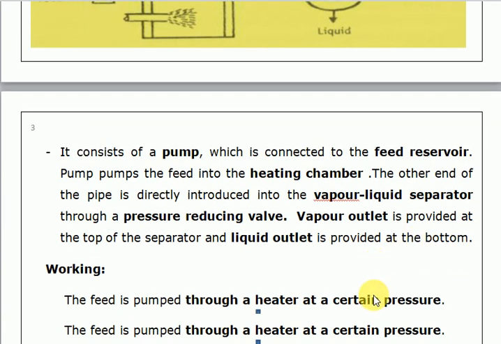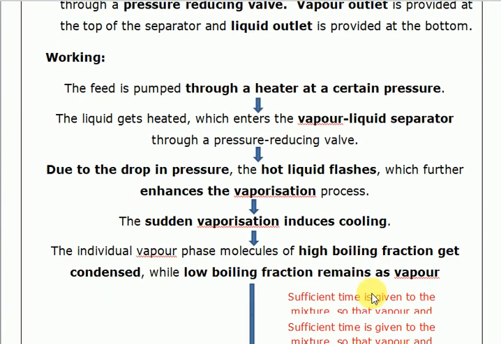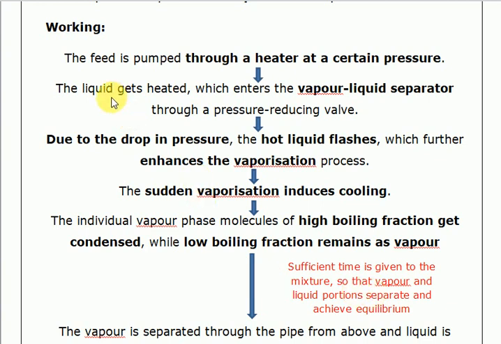Now working: the feed is pumped through a heater at a certain pressure. The liquid gets heated and enters the vapor liquid separator through a pressure reducing valve. Due to the drop in pressure, the hot liquid flashes and vaporizes, which further enhances the vaporization process.